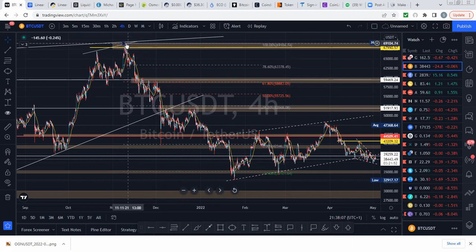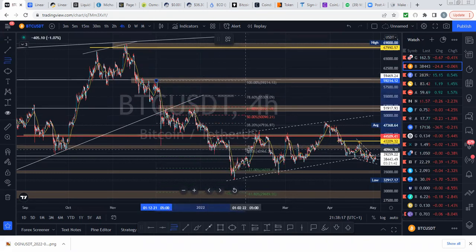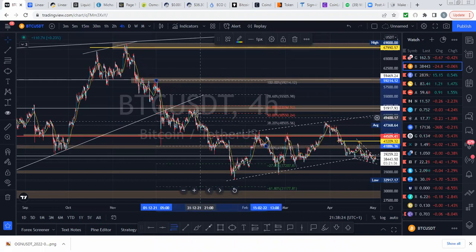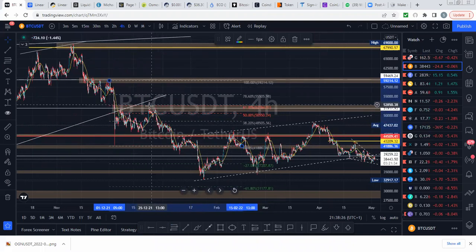Then let me move from that point to this point. So price is still within 61.8 and 50% Fibonacci.